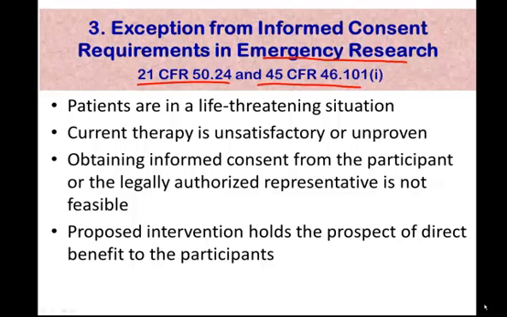1, patients have to be in a life-threatening situation. Current therapy is unsatisfactory or unproven. Obtaining informed consent from the participant or legally authorized representative is not feasible, and the proposed intervention holds the prospect of direct benefit to the participants, usually based on previous scientific studies.